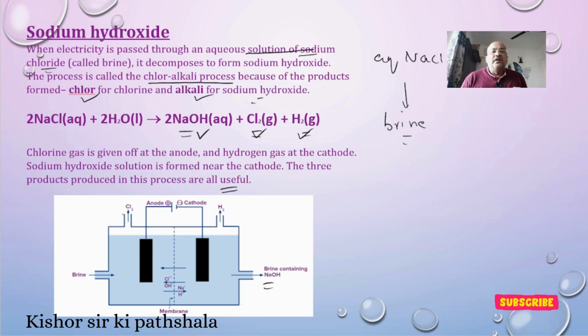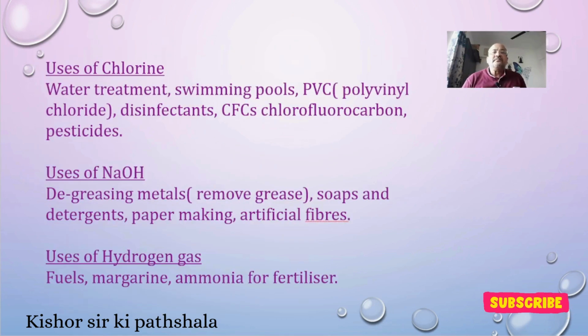Let's see the uses of chlorine. Chlorine is used in water treatment plants for treating the water. It is also used in cleaning swimming pools, in the manufacturing of PVC, that is polyvinyl chloride, and as a disinfectant.